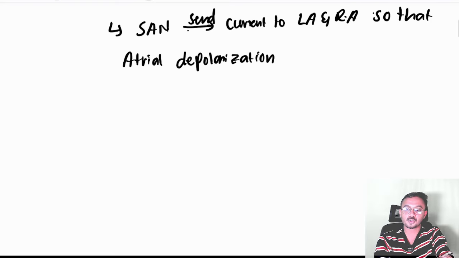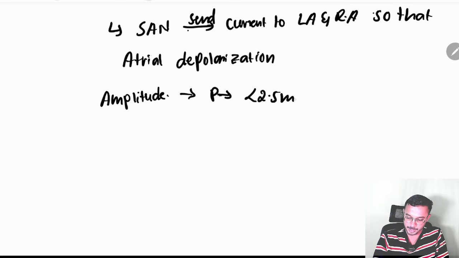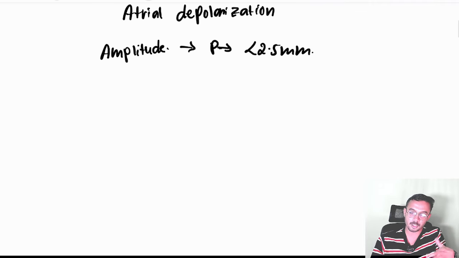We should know two important points about the P wave. The amplitude is nothing but the height. Normally the P wave height is less than 2.5 mm. I will teach the abnormalities, like P mitrale and P pulmonale, in upcoming slides. For the time being, remember the normal values.